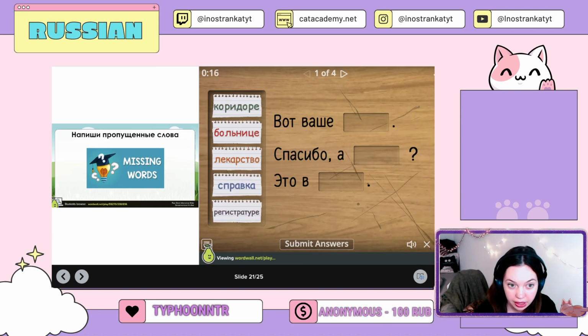So let's look at the words: коридоре, больнице, лекарство, справка, регистратуре. Now we'll read them in English: corridor, hospital, medicine, doctor's note, registration or reception.